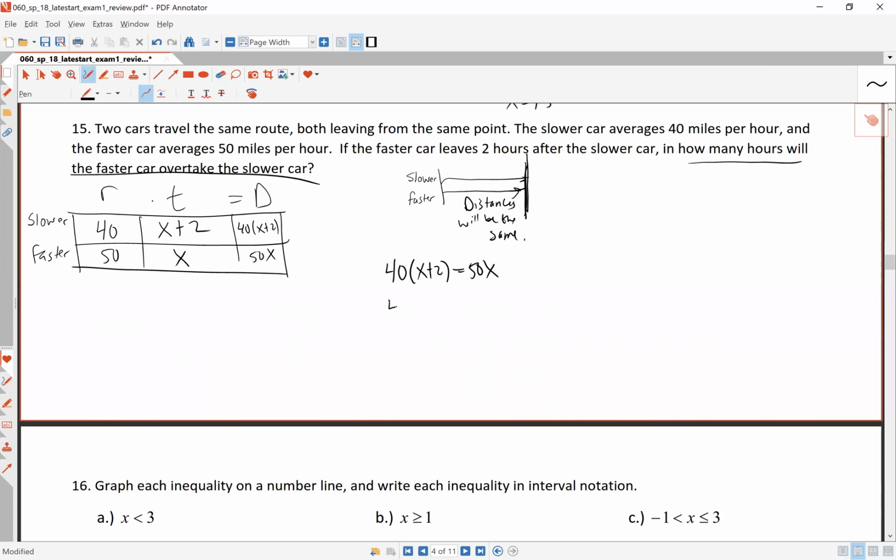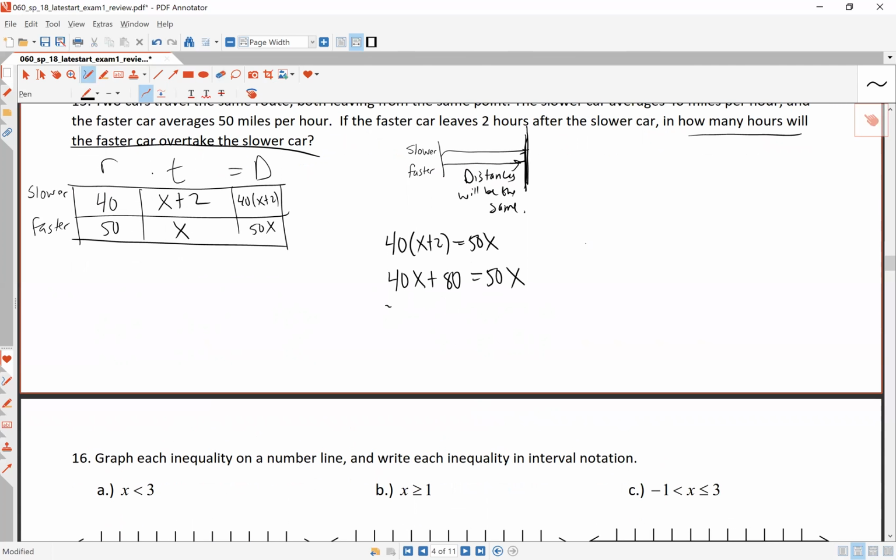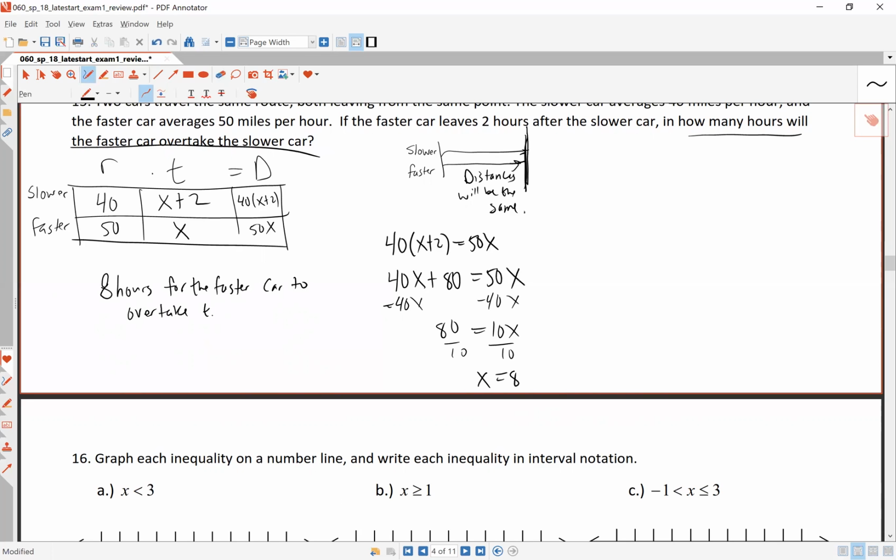And so that gives us 40x plus 80. Solving that by subtracting 40x from both sides, which is 10x equals 80. And dividing by 10 gives us x equals 8. So it takes 8 hours for the faster car to overtake the slower.